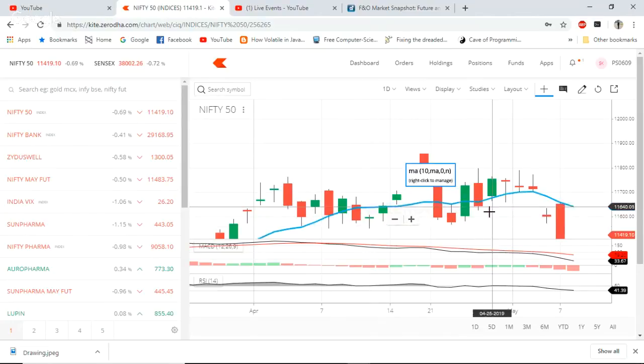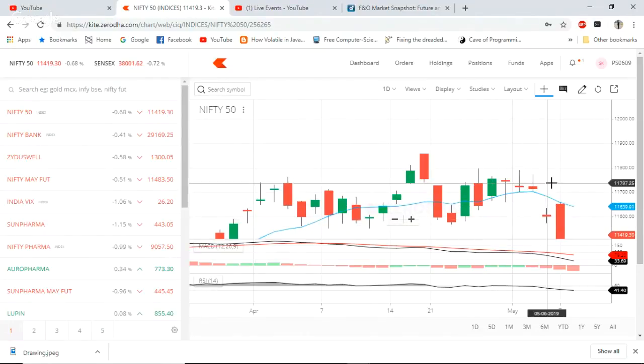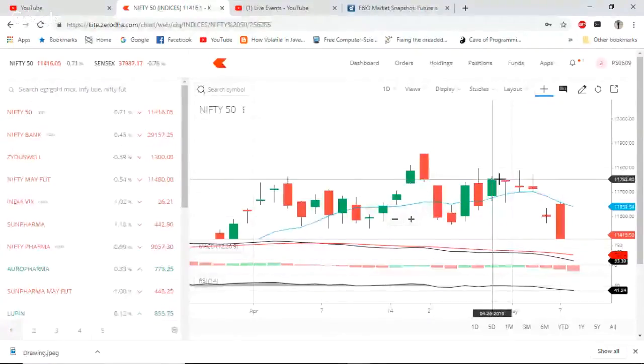Now let us see another nice case here. This is a beautiful candle. The open is above, and the close is somewhat below. This is a red candle, but only because the close is slightly lower than the open.